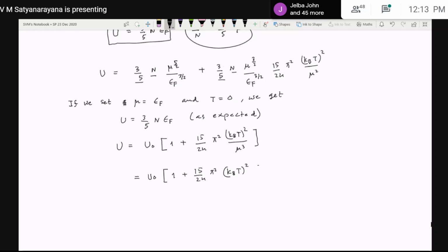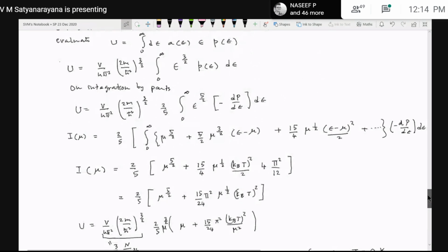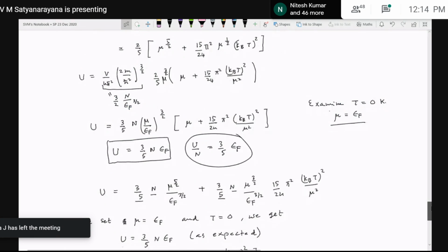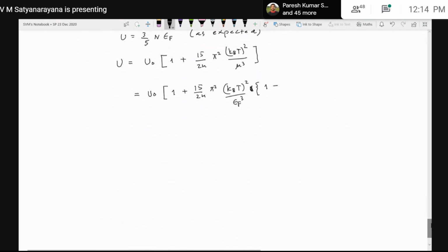Remember, mu is equal to epsilon f into 1 minus this quantity.